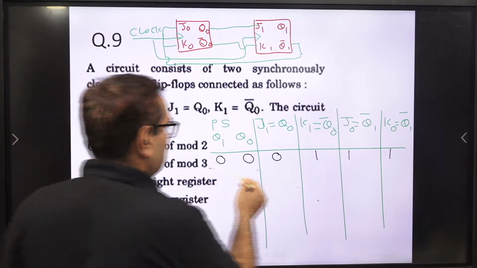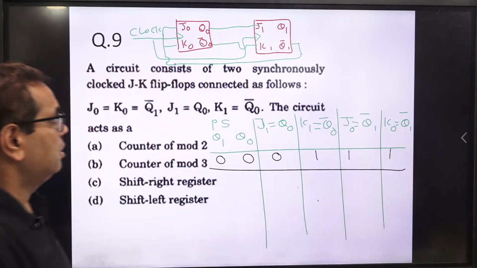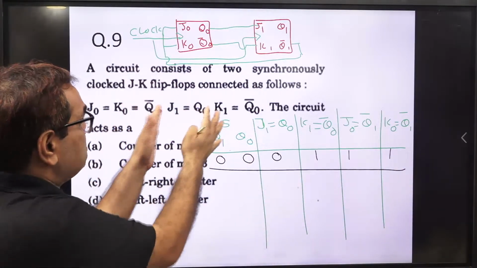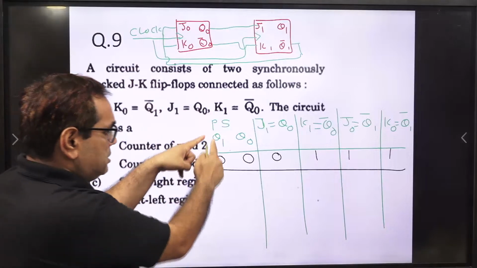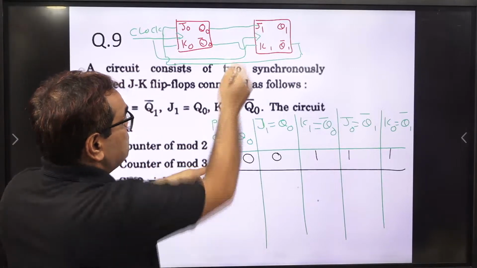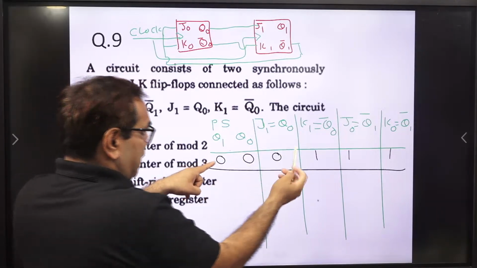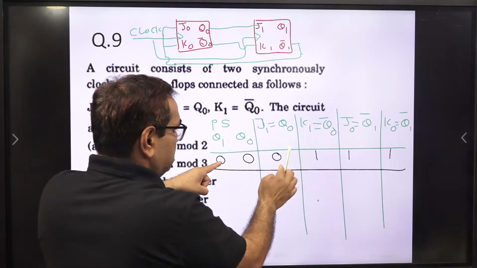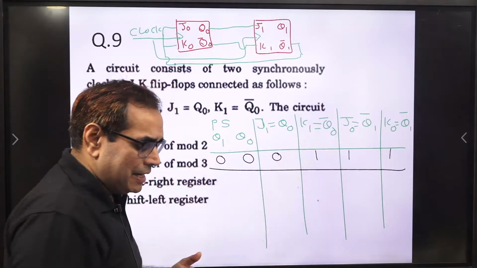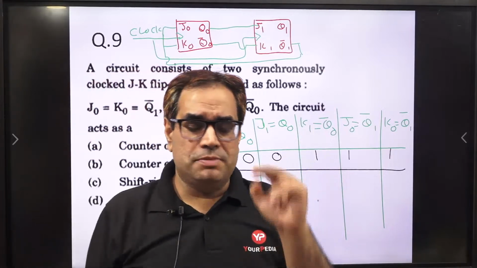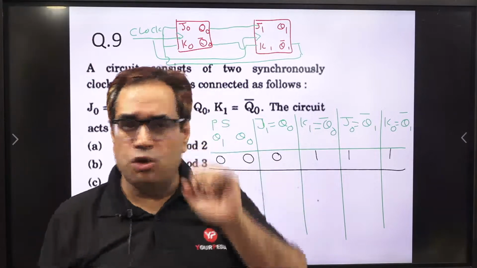Now discuss each flip-flop separately. This is the present state of this flip-flop. Present state is 0 and the inputs are J0, K1. So we know that in a JK flip-flop, in case of J0 K0 there is no change.